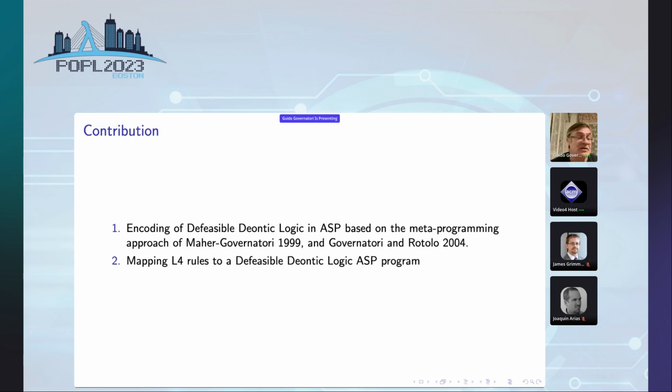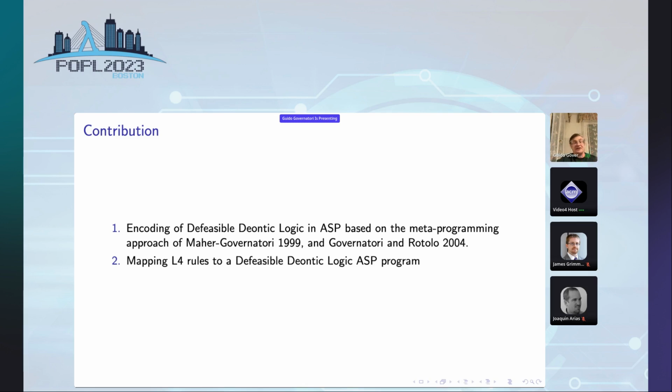It is based on an approach I worked on about 20 years ago for the extension of defeasibility. The second contribution is how to map L4 rules into the ASP program. I will just give a quick overview of those two.